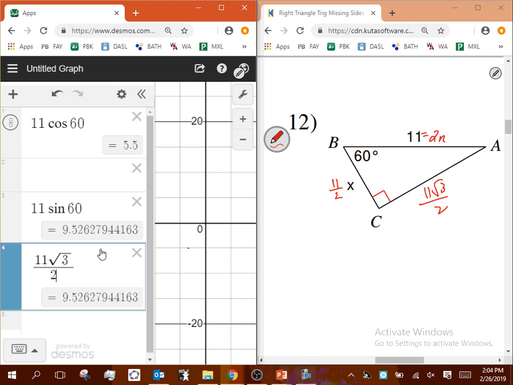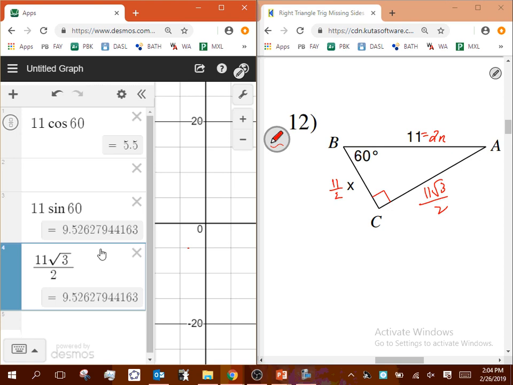So what I'm trying to get at here is that when you come across a 30-60-90 or 45-45-90, you have the ability to use SOHCAHTOA. It will work. SOHCAHTOA works for any right triangle with any measurements that you ever come across. Okay? But pay attention to your directions, because if we're in a test or a quiz for this chapter and this picture shows up and it asks to find AC, but it says write it as a simplified radical, or a reduced fraction or something like that, can I type in that 9.526 number?